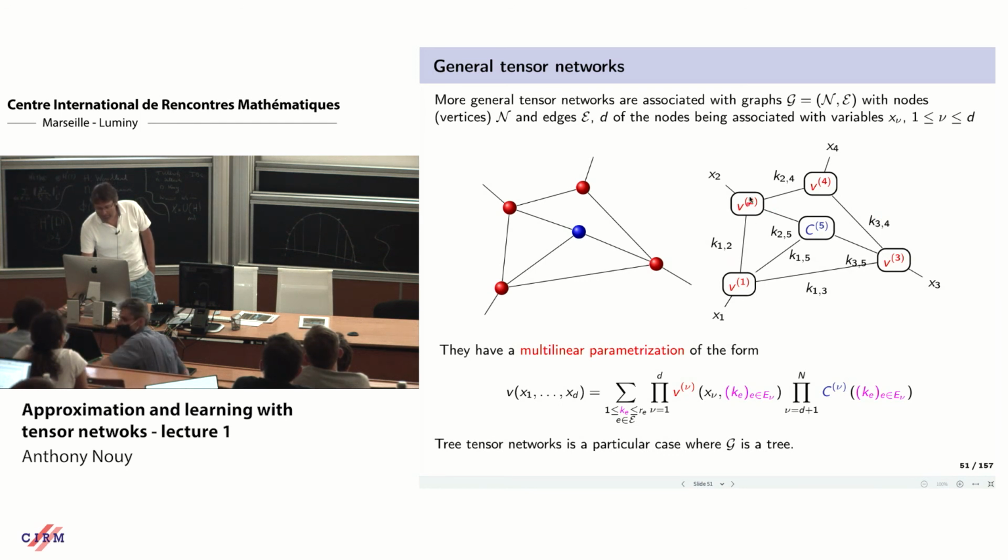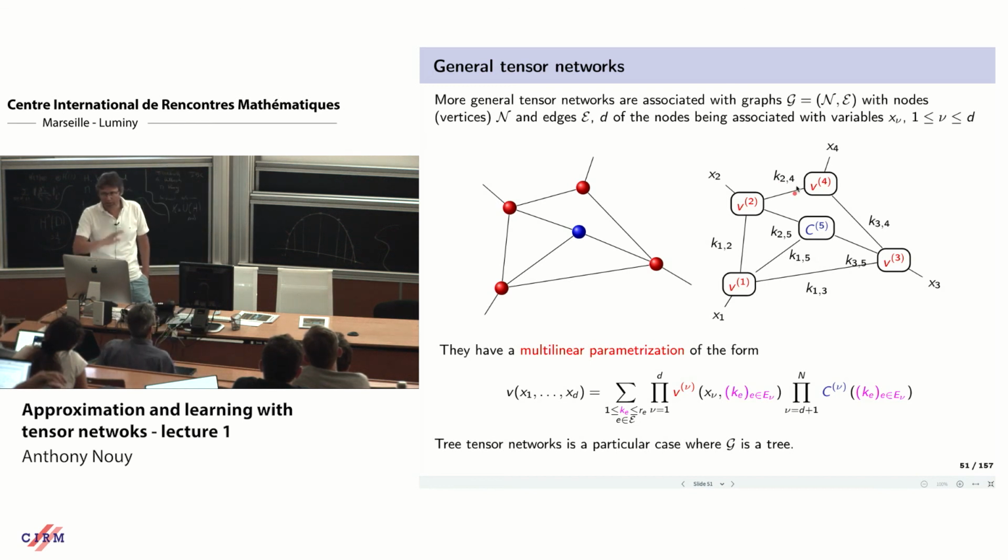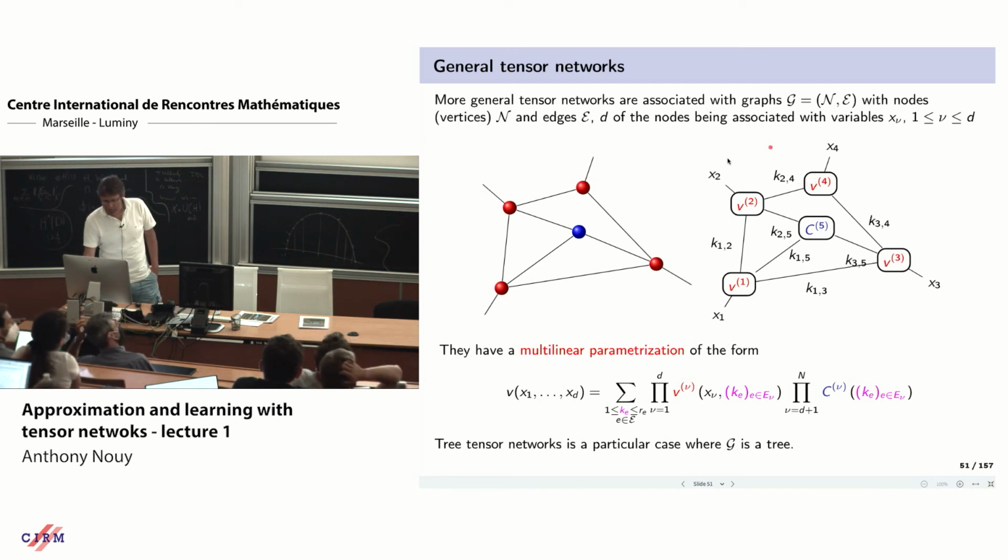You have a tensor associated with each node of this graph, and each edge that you see here is a summation over the corresponding indices of the tensors. So it works exactly as before. The representation of this object is a sum of products of entries of tensors.